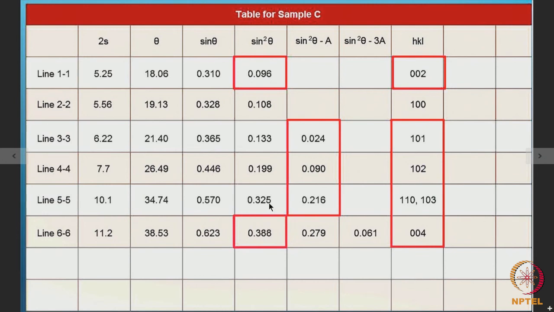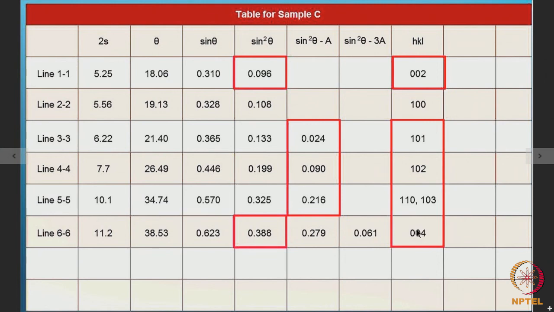Now, if we do that, we can immediately write down the L value for the line pair 1, 1 as 2, L value for line pair 3, 3 as 1, L value for line pair 4, 4 as 2, L value for line pair 5, 5 as 3, and L value for line pair 6, 6 as 4.